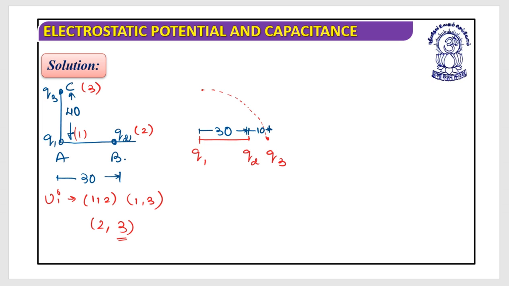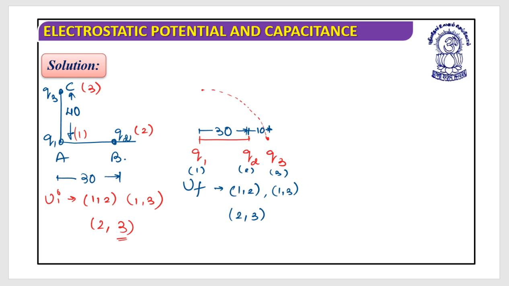Something like this. So what should you do? For the final, the numbering should be the same: 1, 2, 3. So this would equal 1, 2. Next is 1, 3.